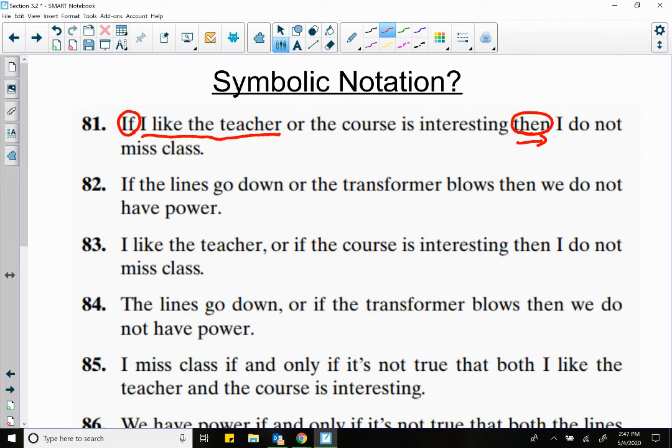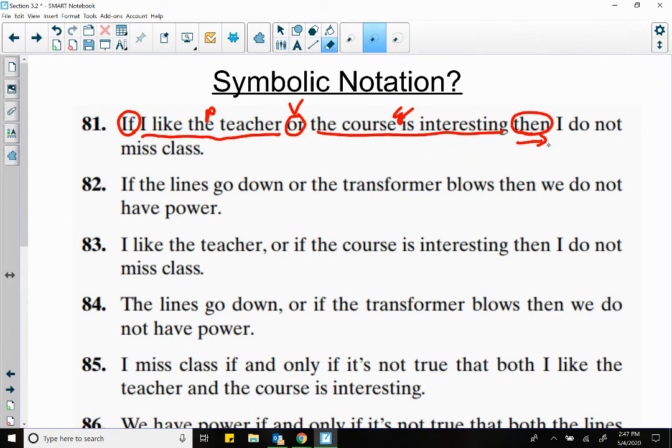Since this is the first statement, and they don't tell us who is who, we call this P. We just go in order of the variables as we move on down. Remember, we always start with our first statement, which is P. Okay? Oh, I see the word or, so that is a V. The course is interesting. That is an entirely new statement. So we're going to call that Q.